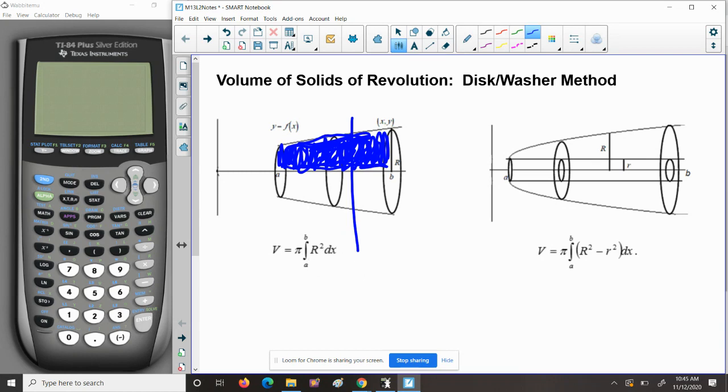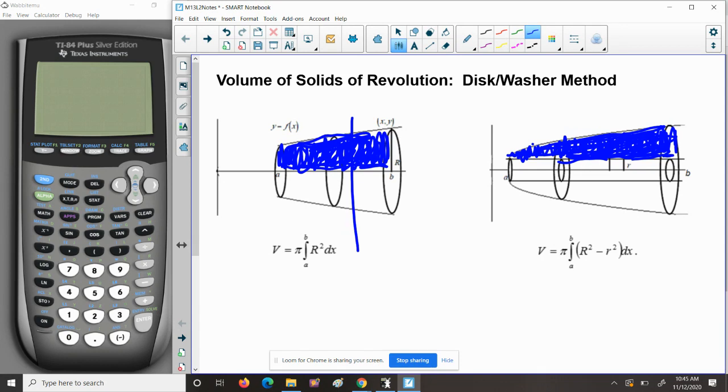Now, take a look at this other example over here. This is the washer method. Okay, we still have a region from A to B, but the difference is that now the bottom of that region, look at the difference between the bottom of the region and the line of rotation. If we're rotating around the x-axis this time, notice that we're going to have some empty space between that bottom of the region and the line of rotation.